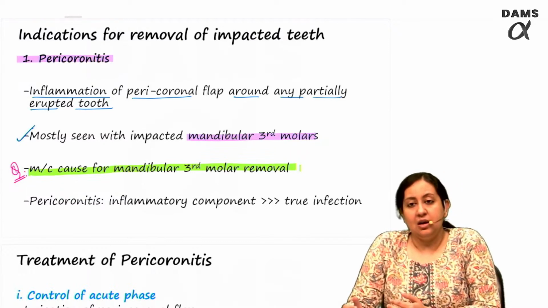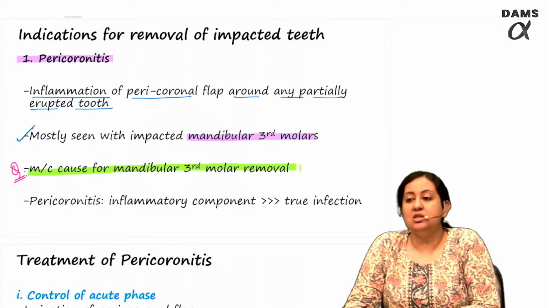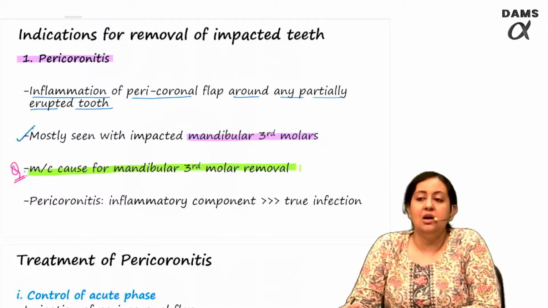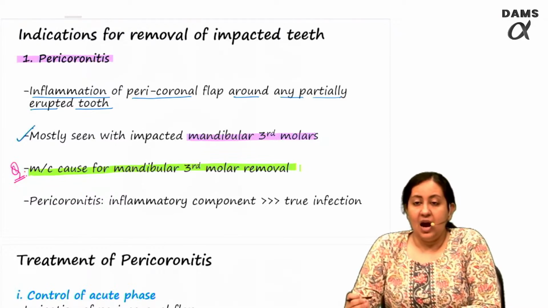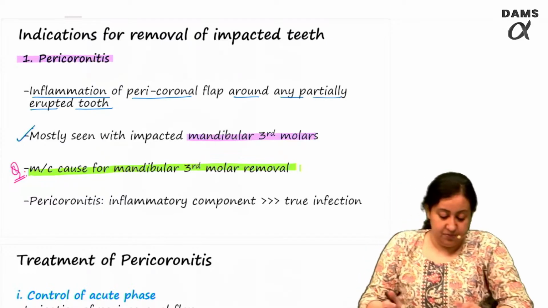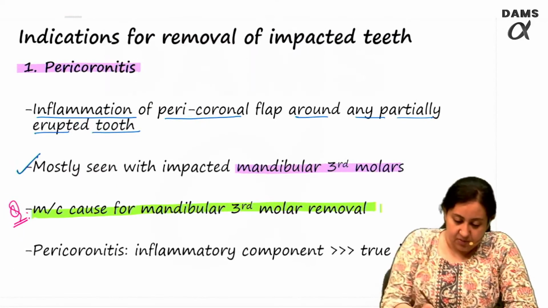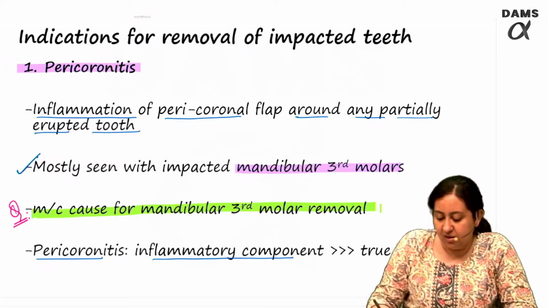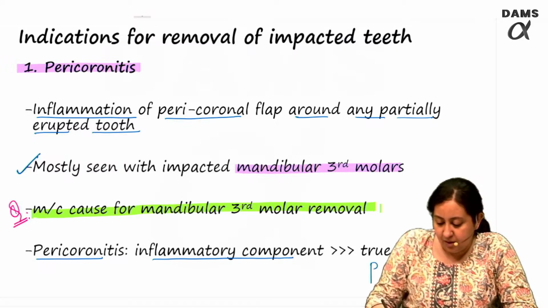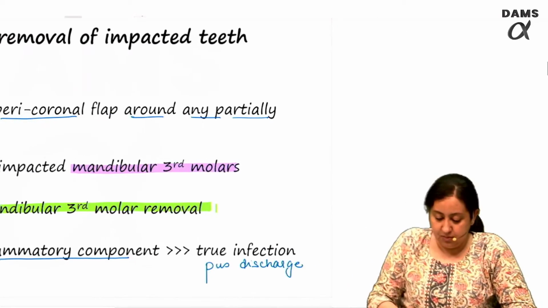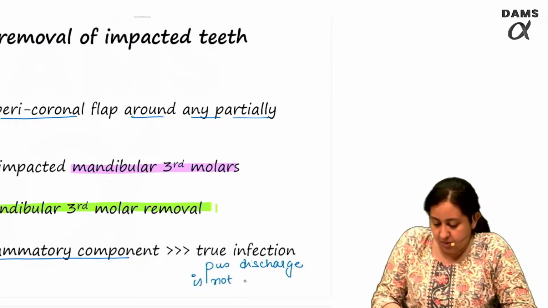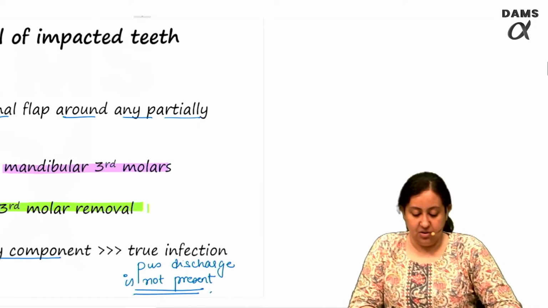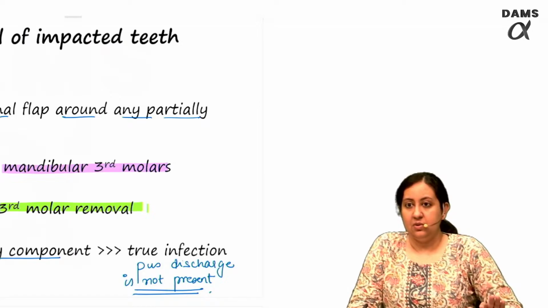But pericoronitis per se, most of the times, is just inflammation of the surrounding pericoronal tissue and not a true infection, because pus discharge is not present.